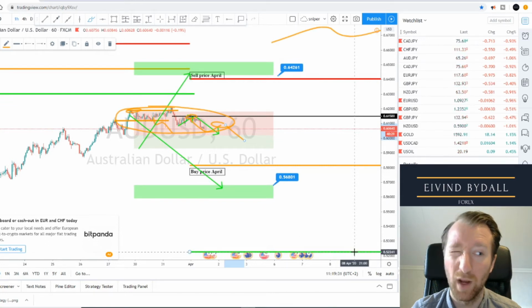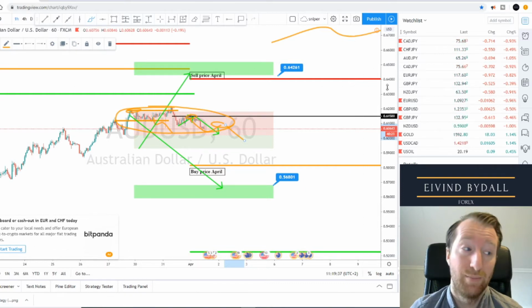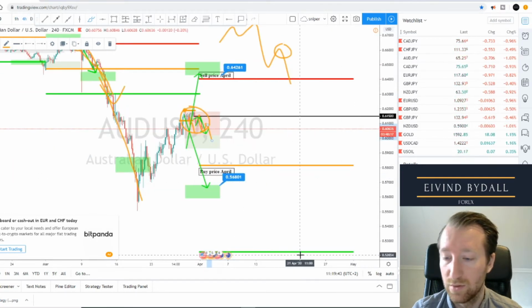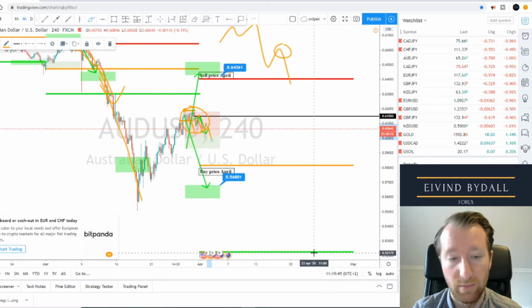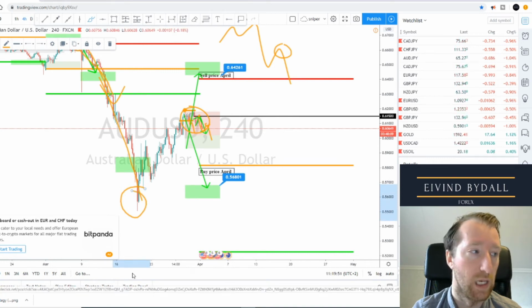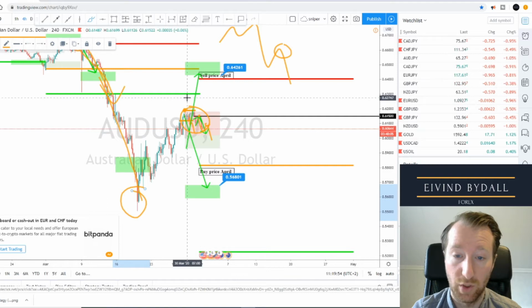I think that might be a bit long, but you never know. That's at least the plan, and if it actually happens, that's a different story. But you need to plan ahead. So down to 52, maybe far, but at least I would see a test of this low here. That's my sell plan, and that's what's currently going on.